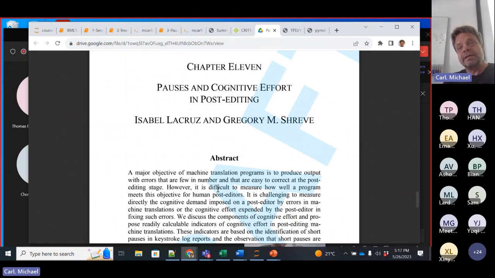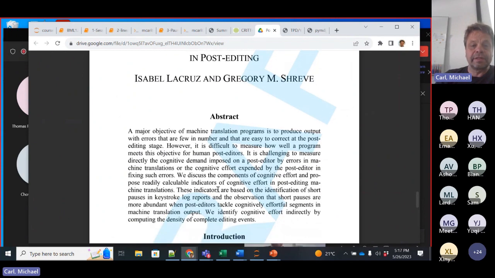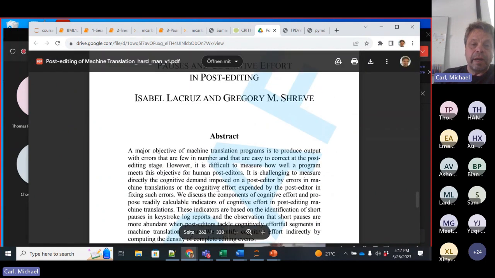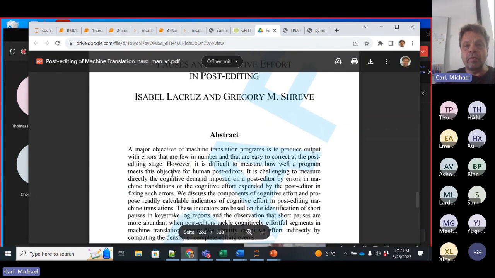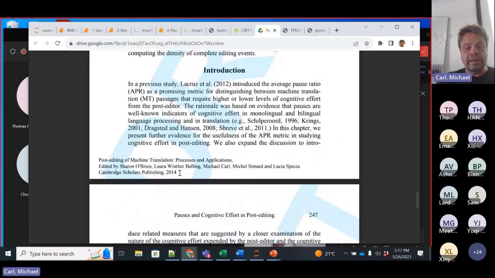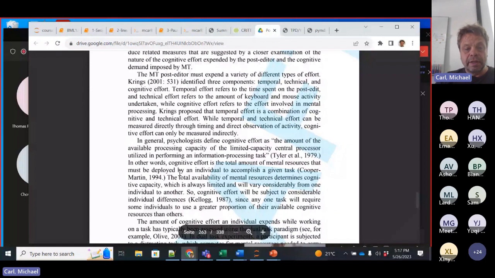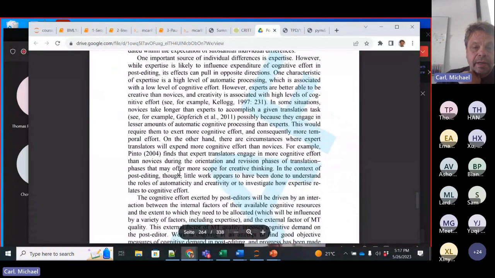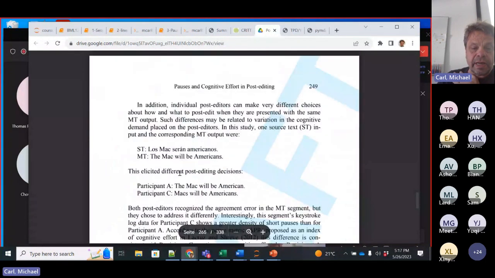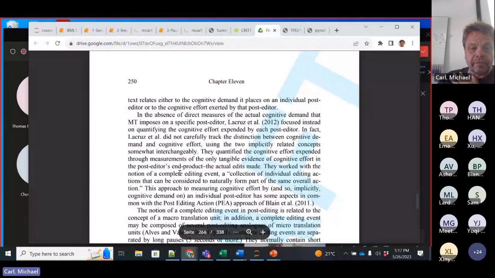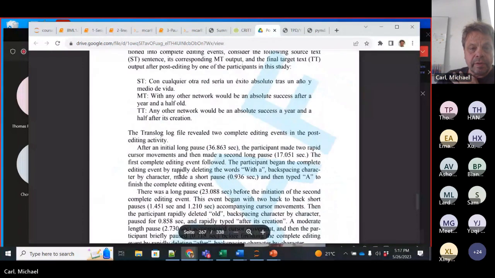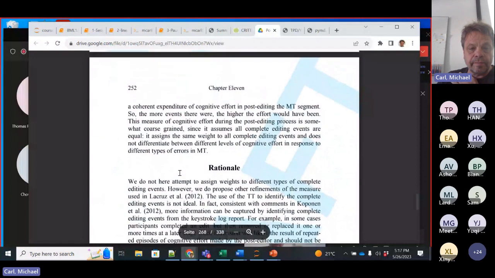How difficult the text is depends on how experienced the translator is with this particular text. And in any case, there are different ways to address these pauses. And Isabel Lacruz has a number of different measures here.